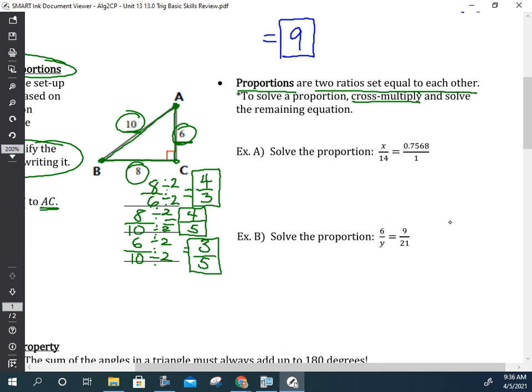Solve the proportion x over 14 equals 0.7568 over 1. So cross multiply is just like making an x. X gets multiplied times 1, and 14 gets multiplied times 0.7568.